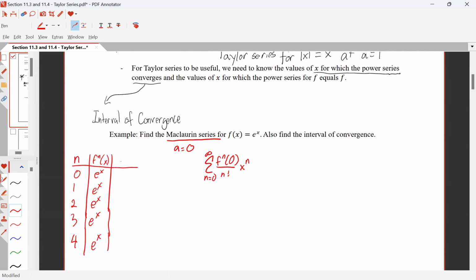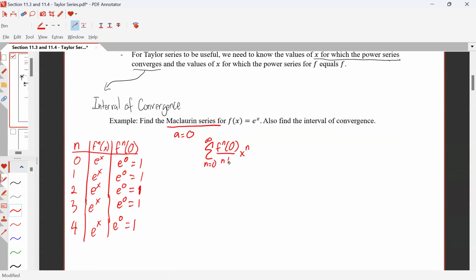And if I plug 0 in to e to the x, because our center is 0, we get e to the 0, which is 1, all the way down. So no matter which derivative I'm taking, the nth derivative of f at 0 is 1.